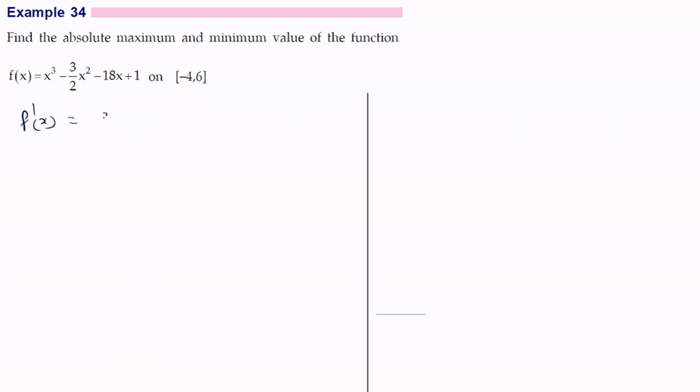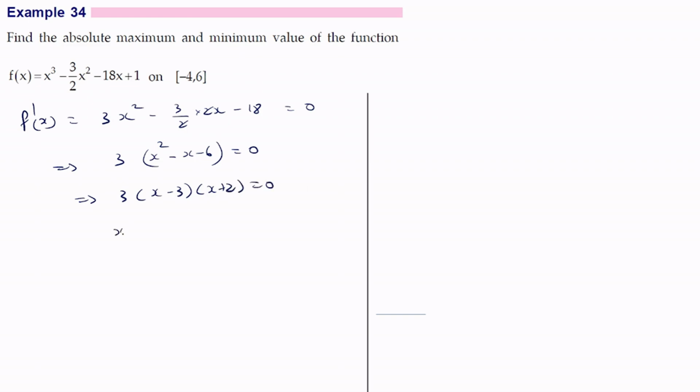So here f dash of x is equal to 3x square minus 3 by 2 into 2x minus 18. This is equal to 0. This implies 3 into x square minus x minus 6 equal to 0. So 3 into x minus 3 into x plus 2 equal to 0. So the critical points are x equal to minus 2 comma 3.